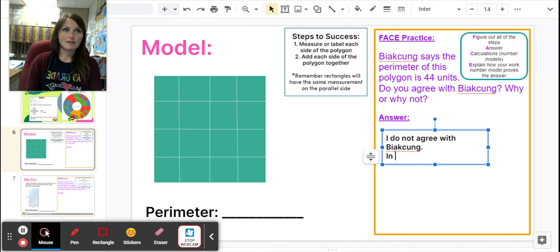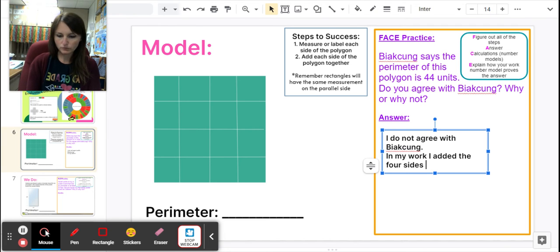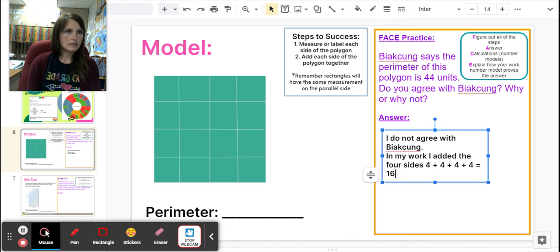In my work, I added the 4 sides, 4 plus 4 plus 4 plus 4, which equaled 16 units.